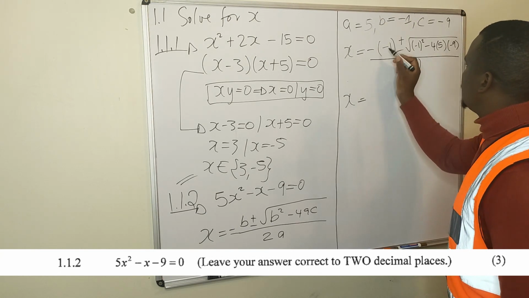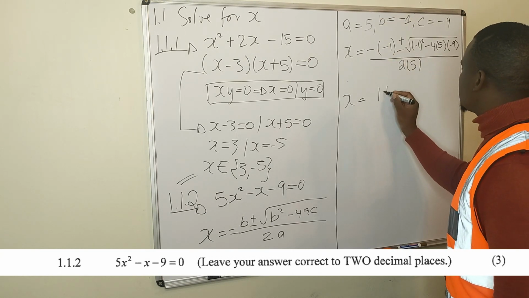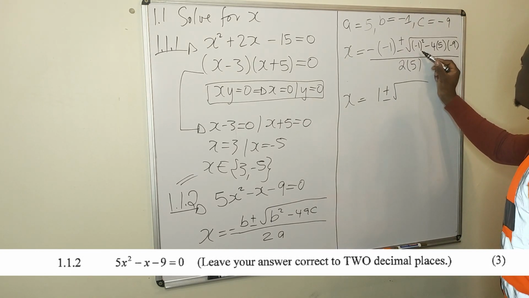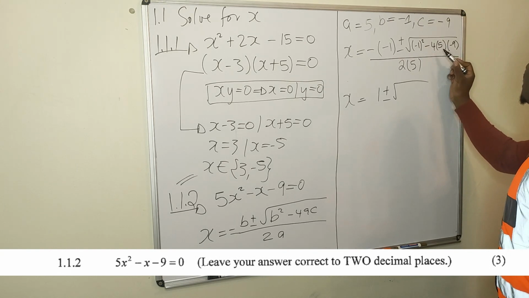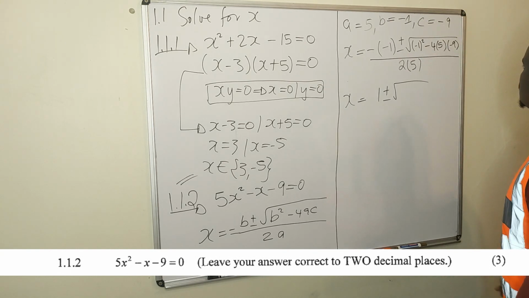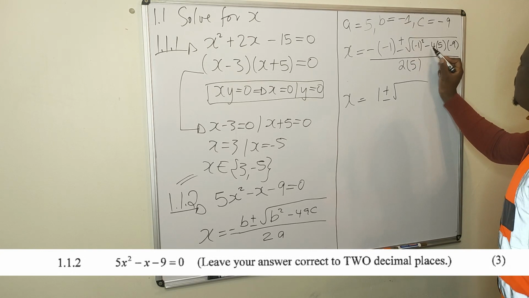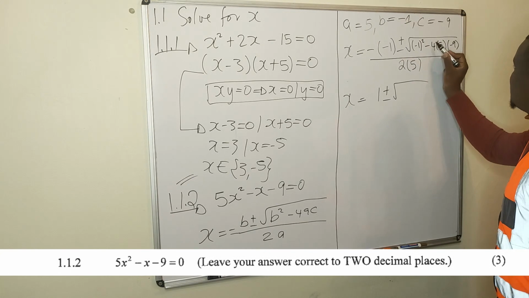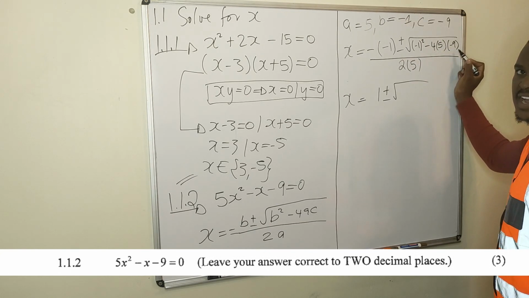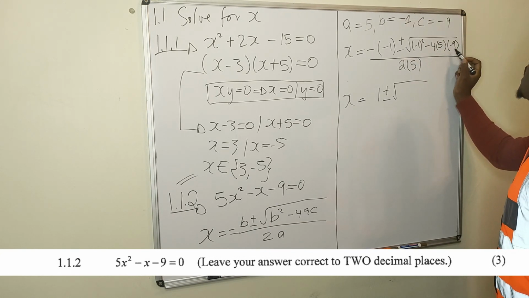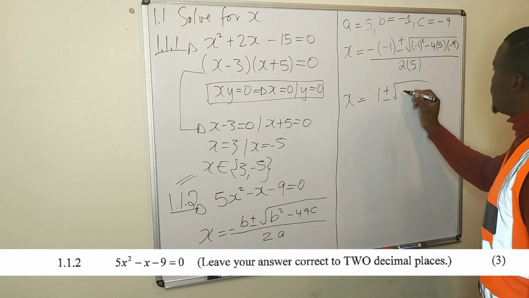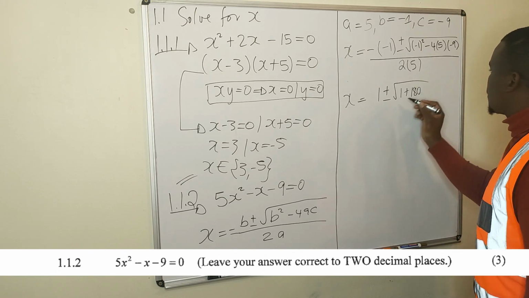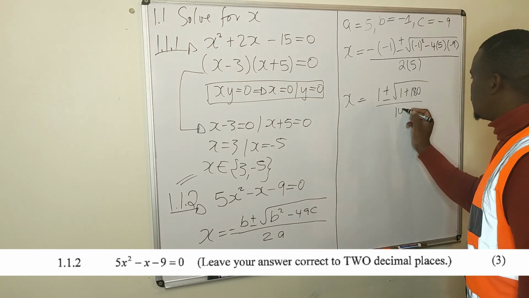x is equal to 1 plus or minus the square root of 1 squared minus 4 times 5 times -9. Minus 4 times 5 is minus 20, and minus 20 times minus 9 is plus 180. So here we have 1 plus 180, all over 10.